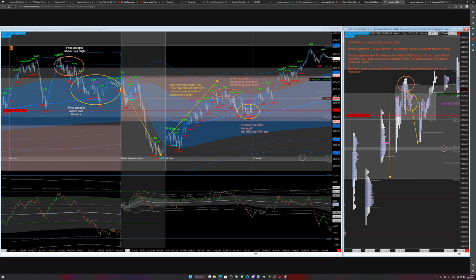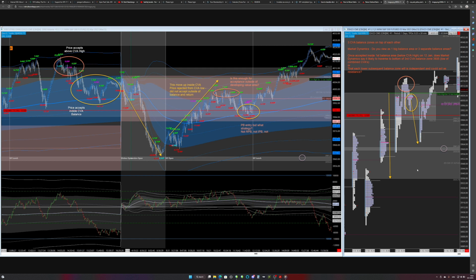Value area high is pretty close to this CVA low, so it has some impact, but we've run through all three balances a few times and it's still working, so there is something here.